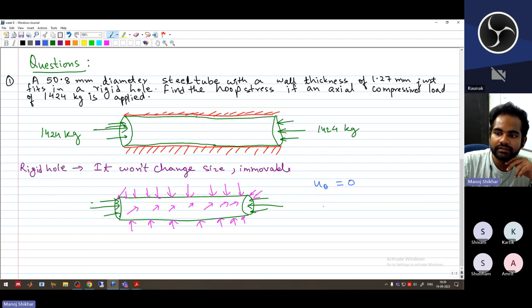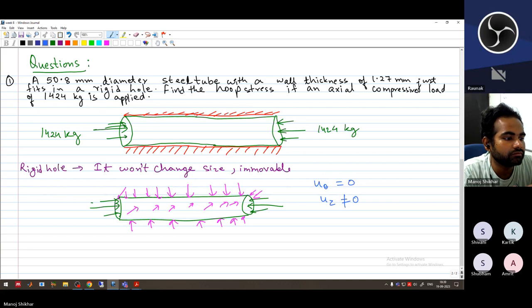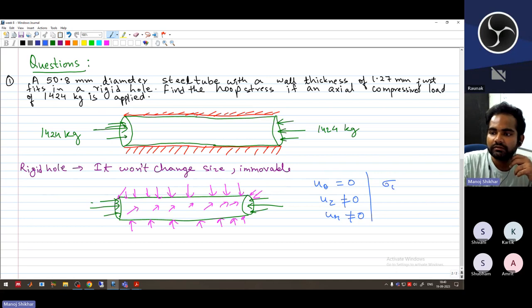There will be some uz, and there will be some ur. And what do we need to find in this question? We need to find sigma theta theta. So let us first find out sigma zz.